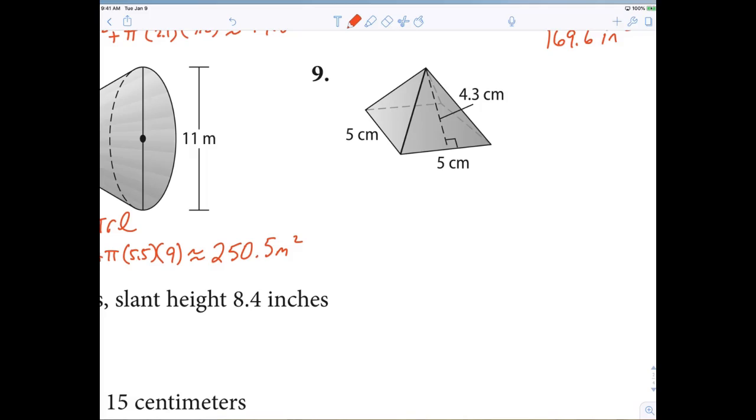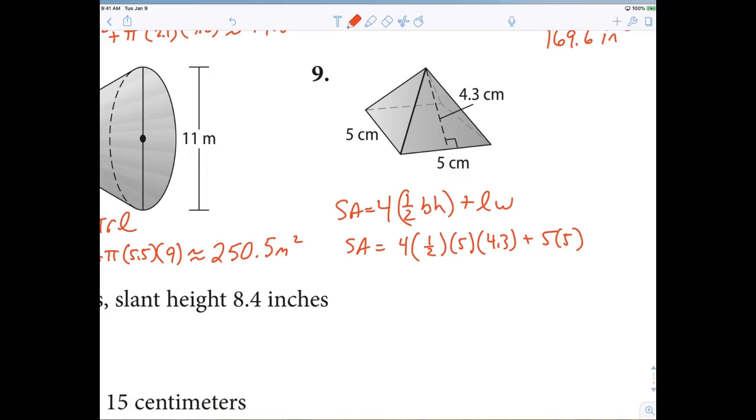All right, number 9. I need someone to write the formula. Good. I'm really happy for you, girl. Good job. Surface area. Now go ahead, fill in the numbers for me. Good job. Feels good. Very good, Carly. Go ahead. I'll let you even tell me the answer.